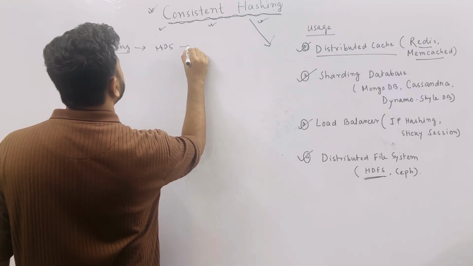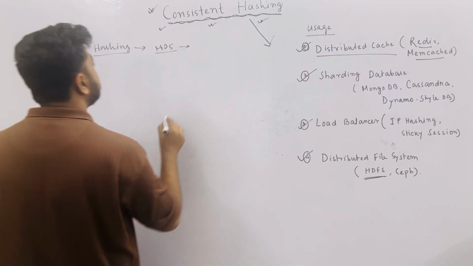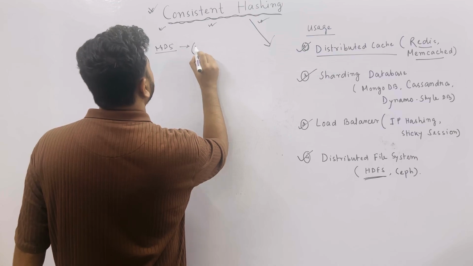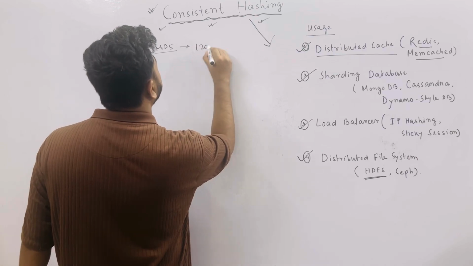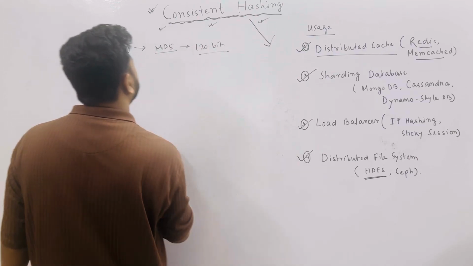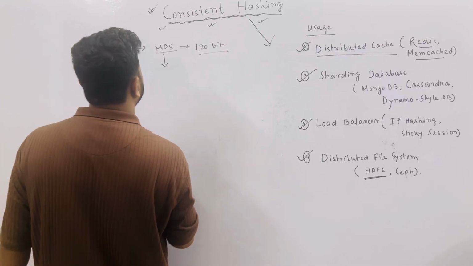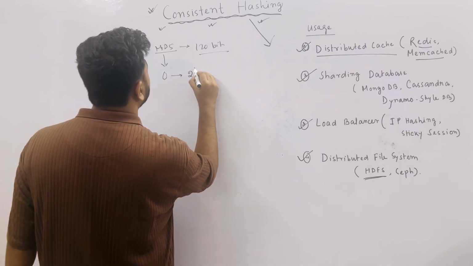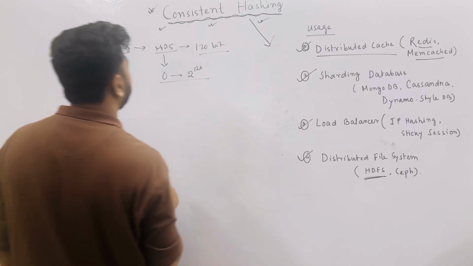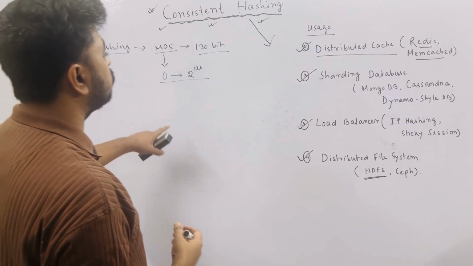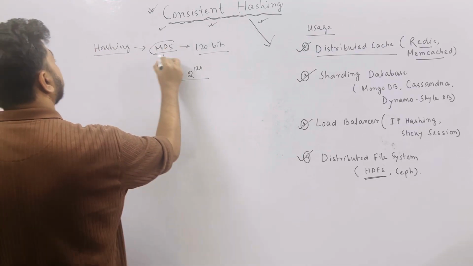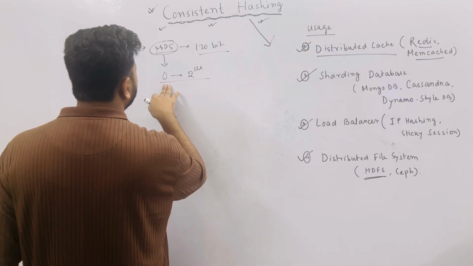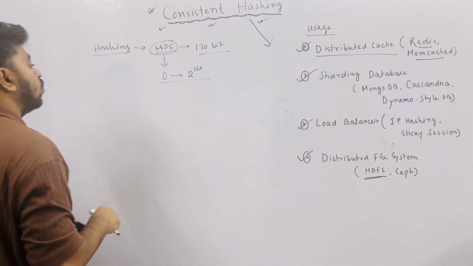This algorithm generates a hash value that ranges from 0 to 2 to the power 120.